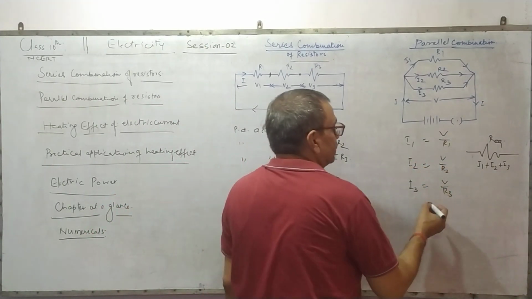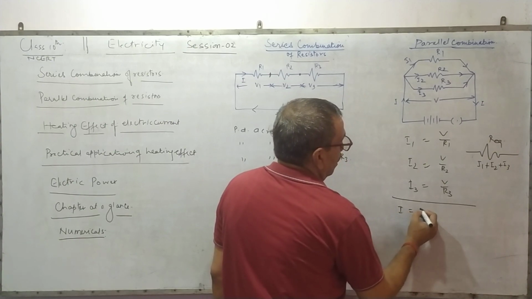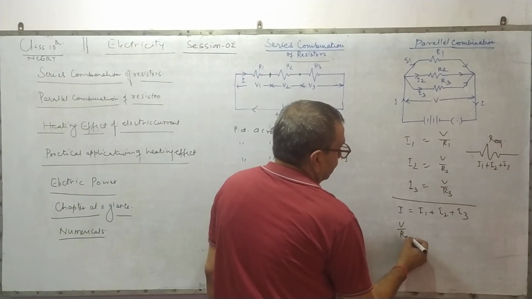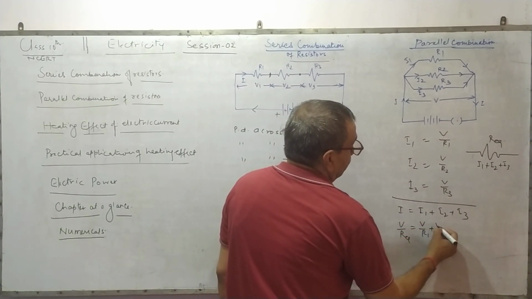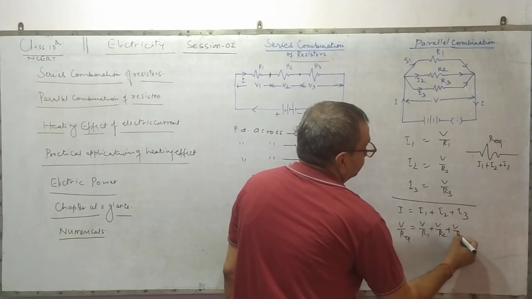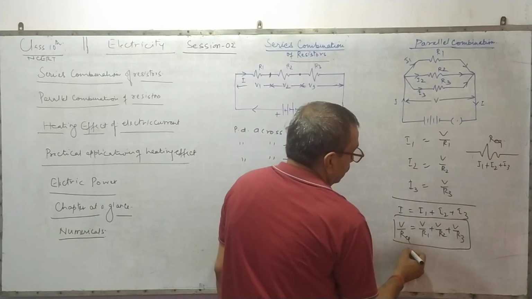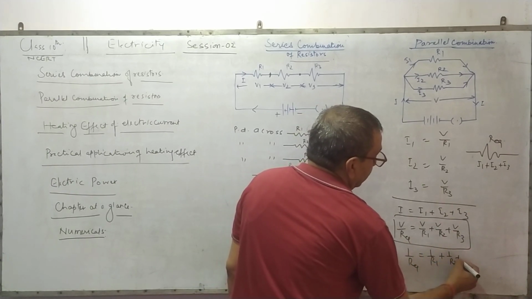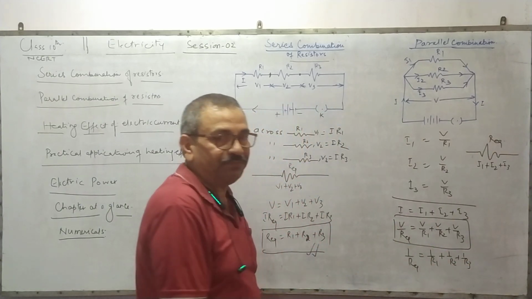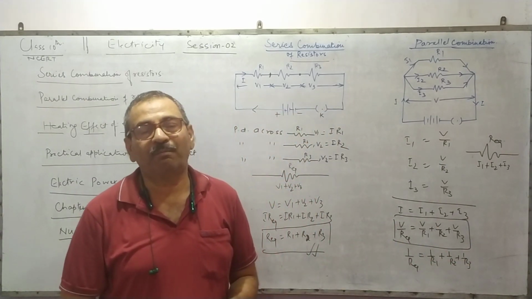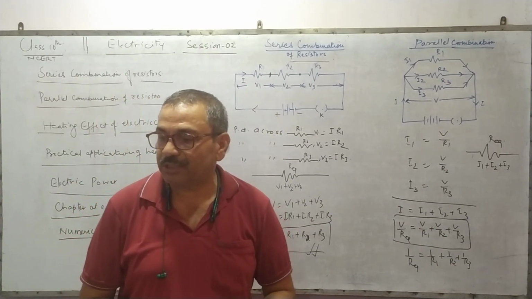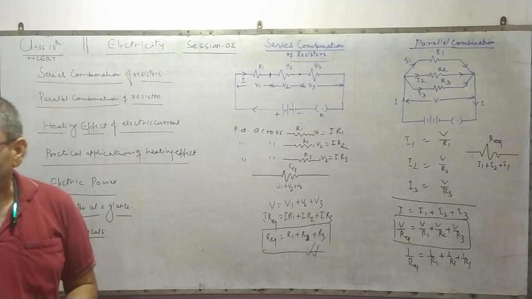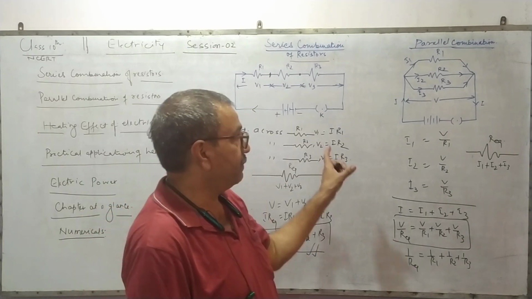I1 plus I2 plus I3. Total current I equals I1 plus I2 plus I3. V upon R equivalent equals V upon R1 plus V upon R2 plus V upon R3. So 1 upon R equivalent equals 1 upon R1 plus 1 upon R2 plus 1 upon R3. This is the expression for equivalent resistance in case of parallel combination. So we have seen the equivalent resistance for a system of resistors.